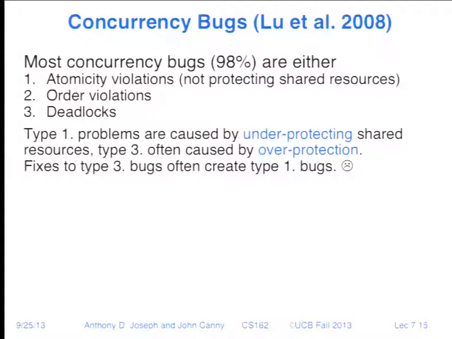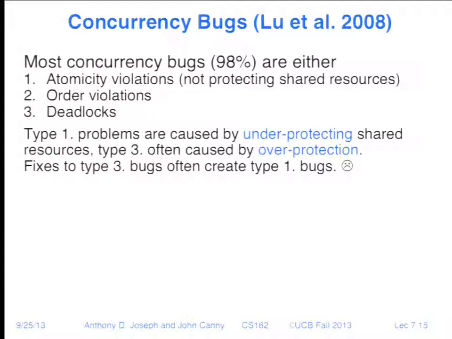And it's interesting that there's a sort of duality between type 1 and type 3. Atomicity means sequences of steps that need to be executed together for correctness are not being executed together. So you're, in a sense, under-protecting. Perhaps there's a critical section that's too small, or there's protection that's missing entirely.